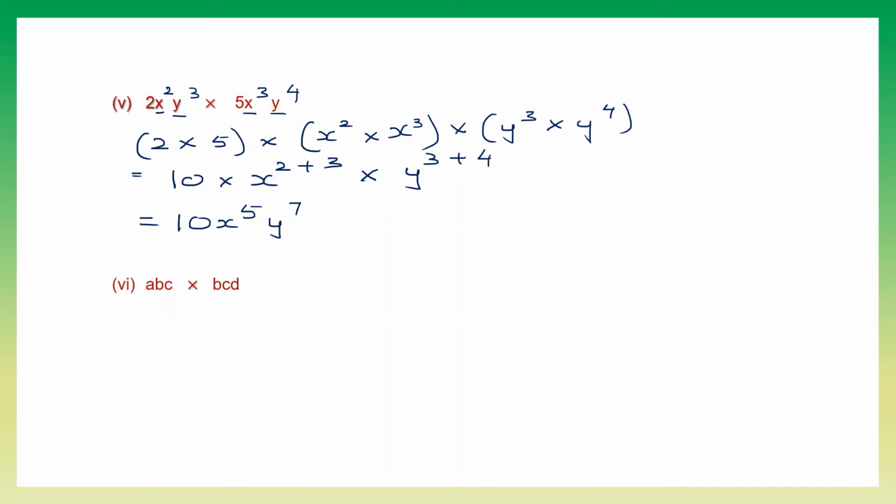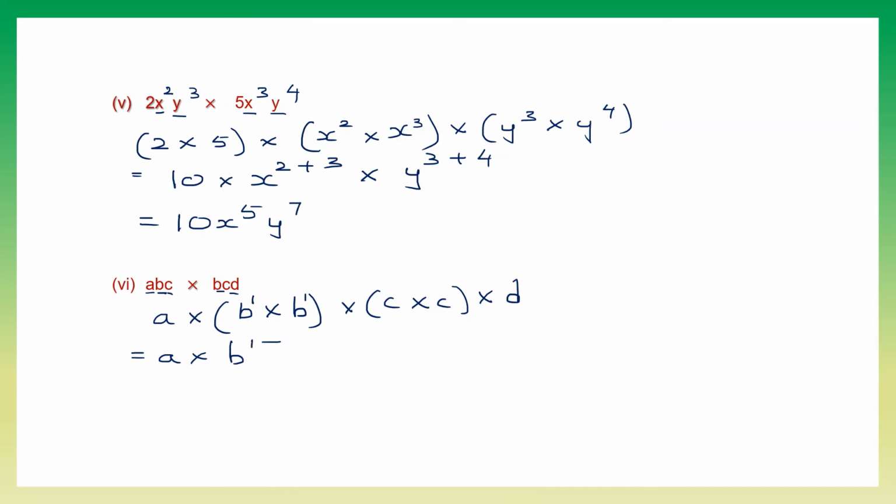Sixth one. A, B, C into B, C, D. So the number is just 1. So we will not multiply. There is no need. Let's take the A's. Now there's only one A into, we have 1, 2 B's. So that will be B into B into, the C's are 1 and 2. C into C into D. So this will be A into B. This is 1 plus 1.